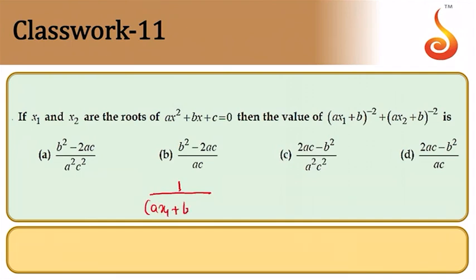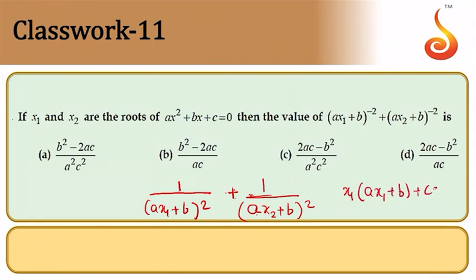Now, x1, x2 be the roots of equation, the value. It's a very interesting problem again. So we can write this as 1 by ax1 plus b whole square plus 1 by ax2 plus b whole square.